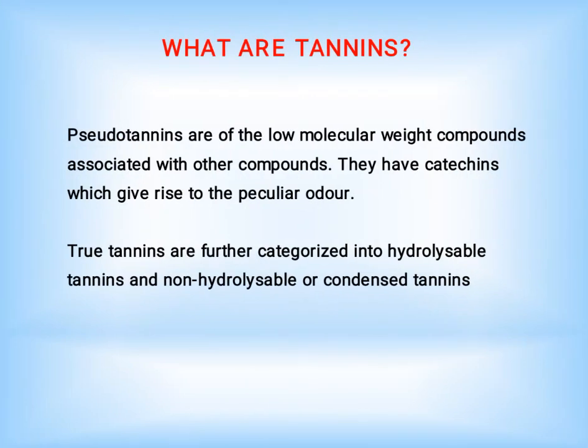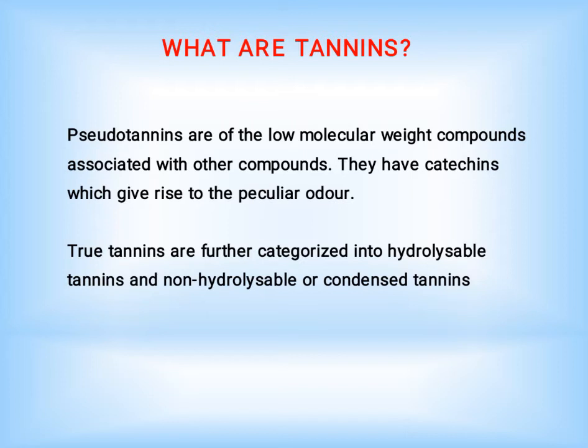Pseudotannins are low molecular weight compounds associated with other compounds, and pseudotannins have catechins which give rise to a peculiar odor. So these pseudotannins have a particular or specific odor because of the presence of catechins, and they also show low molecular weight as compared to other tannin compounds.